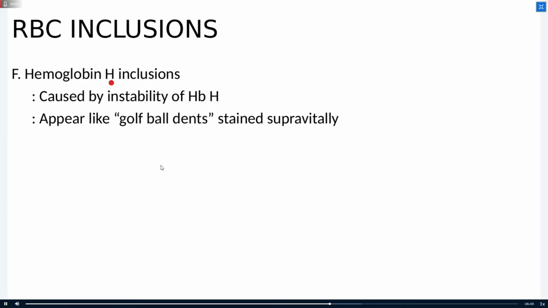Another one would be your hemoglobin H inclusions. This is caused by instability of hemoglobin H. They would appear as golf ball dents, stained supravitally. So again, supravitally, you have your new methylene blue. Plus, nakakita na kayo ng golf ball.